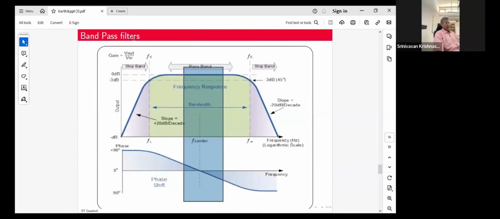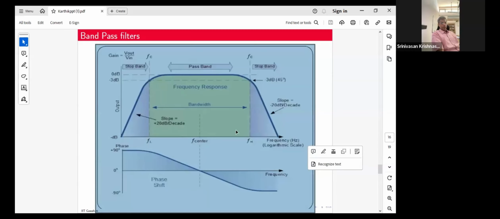So here you're allowing a certain frequency band in the middle. You're clipping off everything that has a lower frequency than a given frequency, and you're clipping off everything that has a higher frequency than a given frequency, and just looking at all the frequencies that are there in the middle. This is a band pass filter.